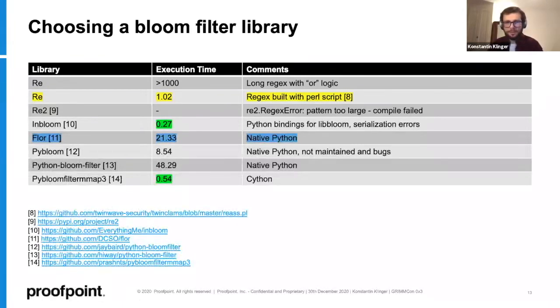So there were some memory leaks, and I simply could not find out what's wrong there. So in the future, I would like to use a library that's marked in green because they are really, really quick. For this project, I've chosen the Flow library, which is marked in blue, because it was the best native Python solution that I could find.